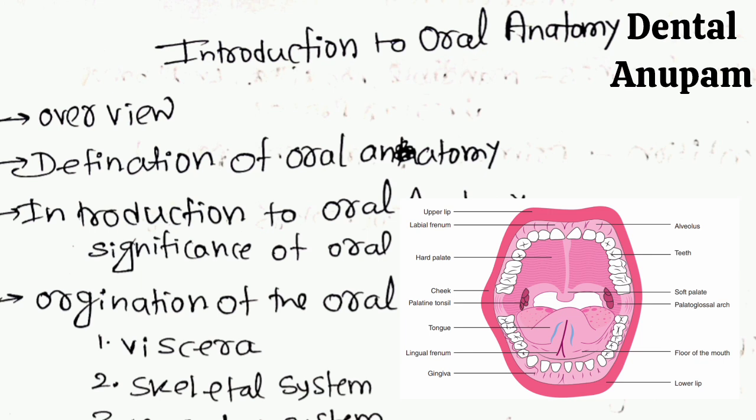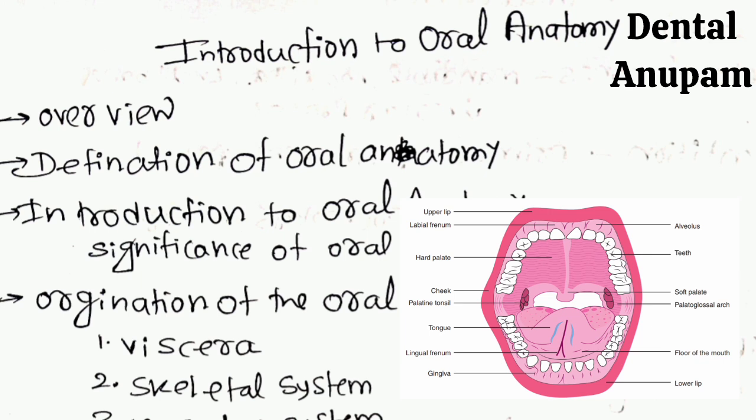The study of the oral cavity can never be complete without knowledge of the perioral structures, as the functioning of one anatomical unit depends on its interaction with the neighboring units and the body as a whole.